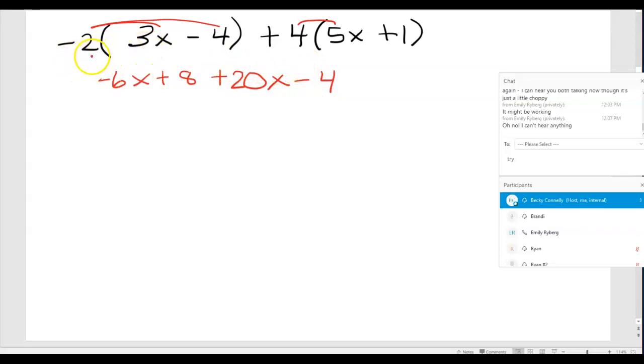Yeah, so go ahead and you can multiply numbers together that aren't like terms. So negative 2 times 3x is a negative 6x. So you can go ahead and combine that together. It's just with adding and subtracting, they have to be like terms.